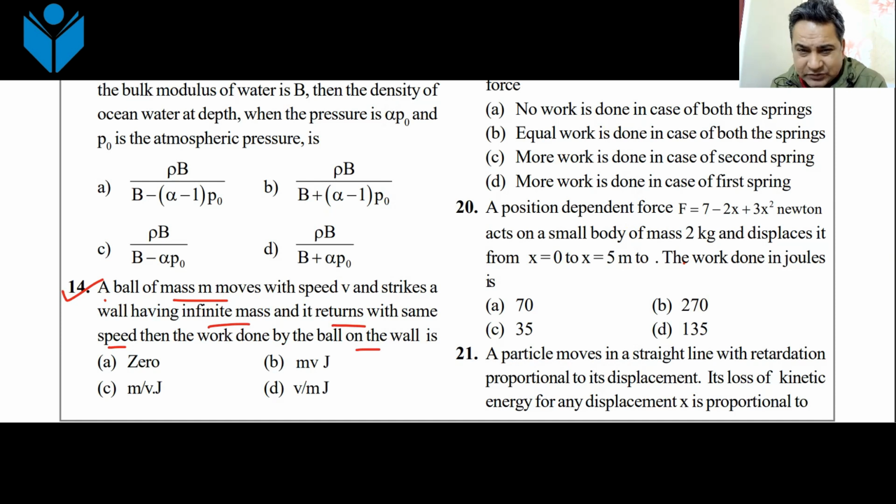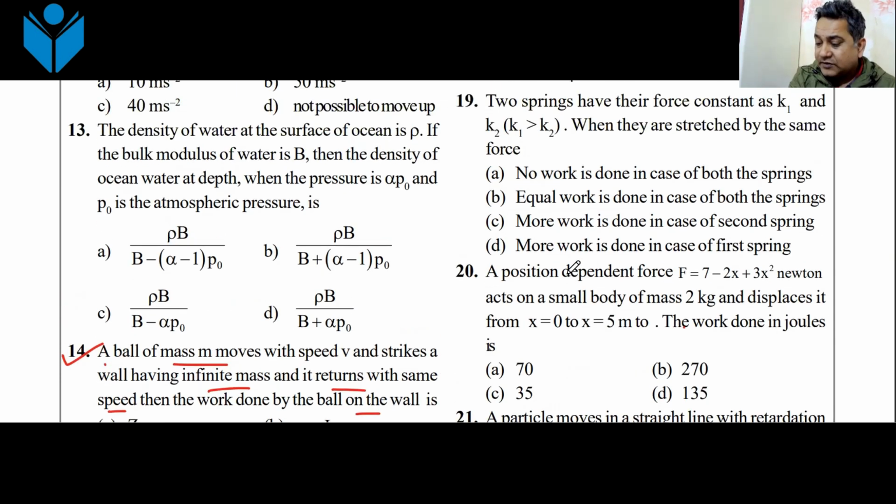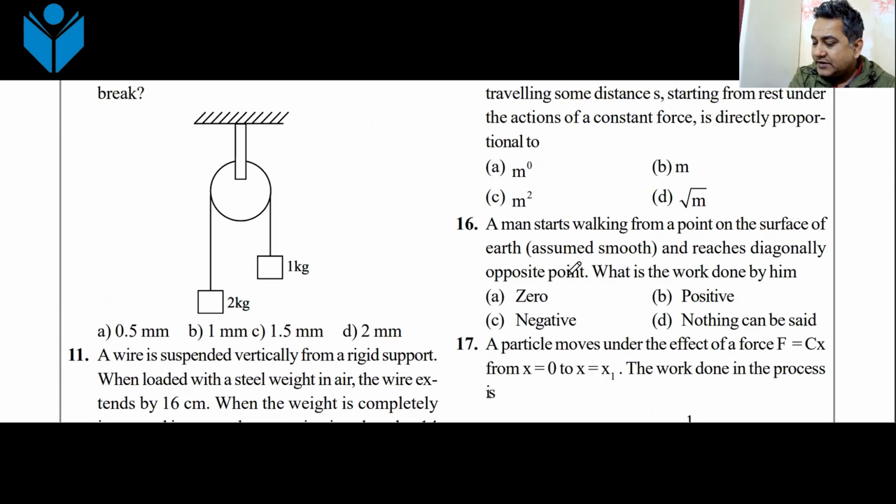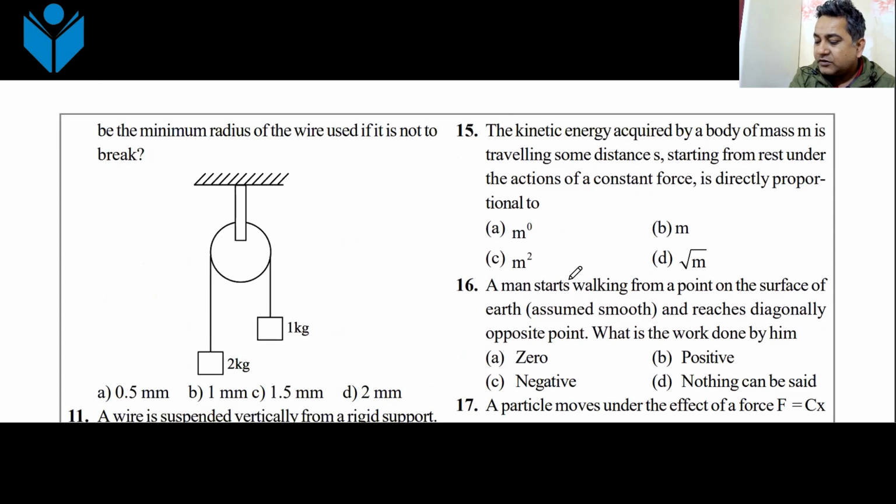It's an infinite mass, so it doesn't move. So whatever force it exerts, the body doesn't move. There is no displacement. So you have the answer straight away. It's very simple, right? Most of the questions that I do will always be based on some concept. If you understand that concept, the question becomes pretty simple.